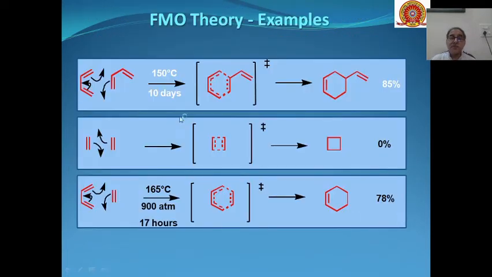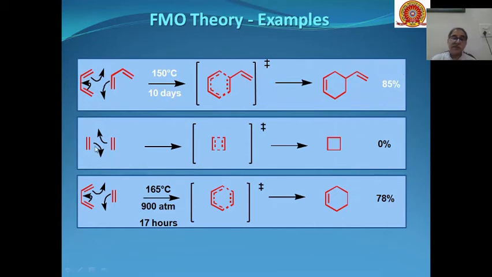Then some examples as per FMO theory. 1,3-butadiene can react with one more molecule of 1,3-butadiene, where this will be acting as a dienophile. At 150 degrees centigrade, in 10 days it is converted into this molecule in 85% yield.